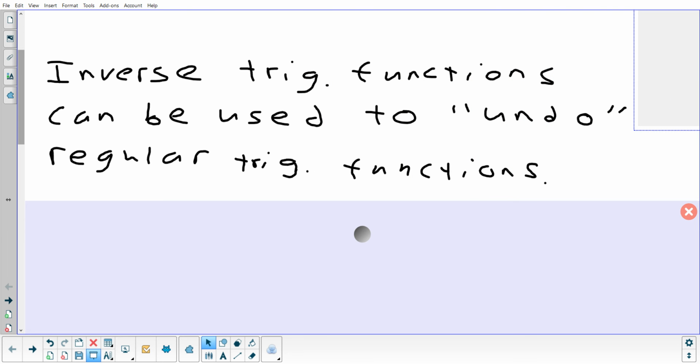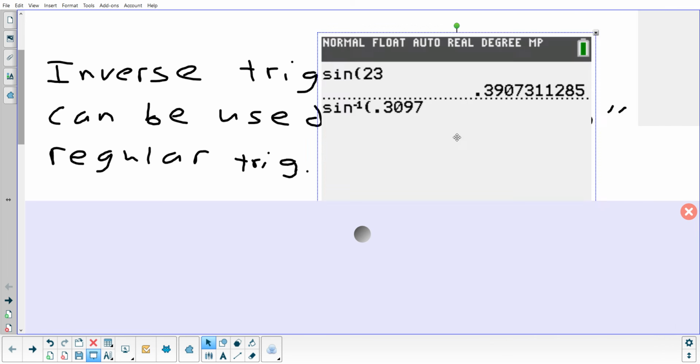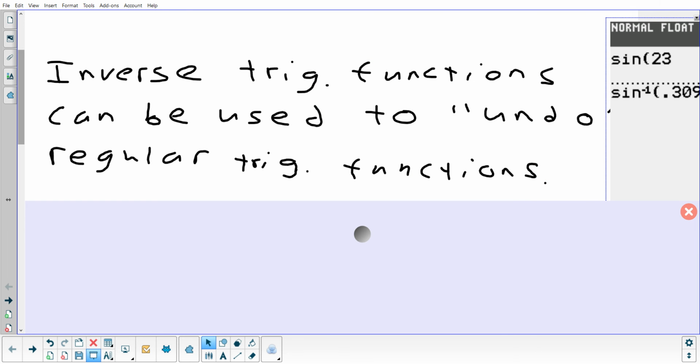Now, I'm going to take 0.3097, and instead of doing the sine of it, I'm going to do what's called inverse sine. What do you think I'm going to get when I hit enter? I'm going to get 23. I rounded it so it's not exact, so I'll probably get something very close to 23.